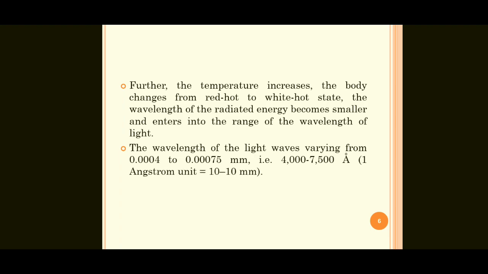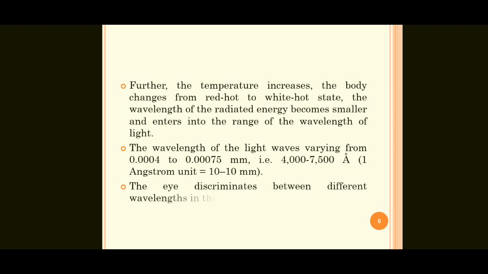The wavelength of light varies from 0.004 to 0.00075 mm, that is, 4000 to 7500 angstrom units. One angstrom unit is 10 to the power minus 10 m.